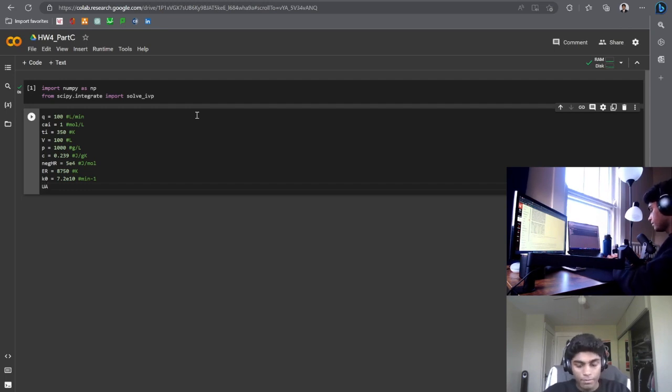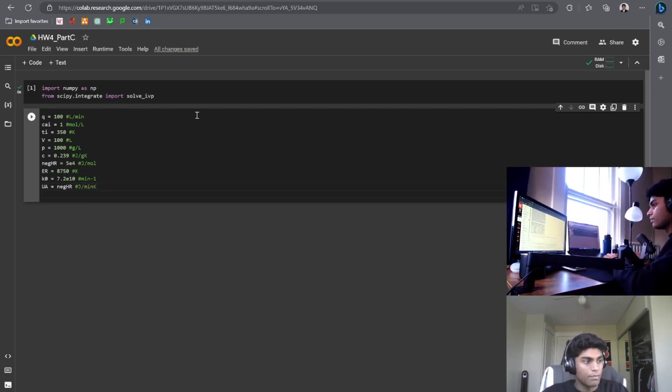Our UA looks like it's the same thing as our heat of reaction. So we're just going to set that equal to neg HR, in units of joules per min K. Our coolant temperature at time 0 is equal to 300 Kelvin.